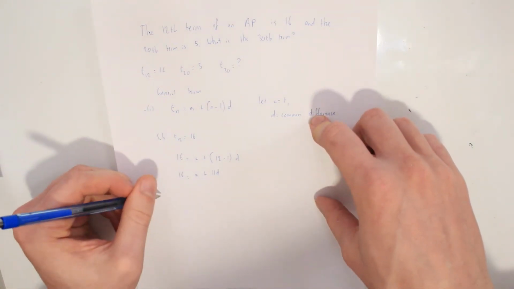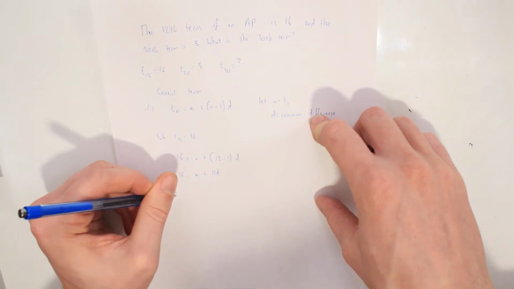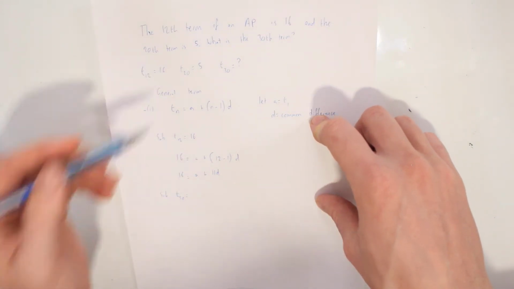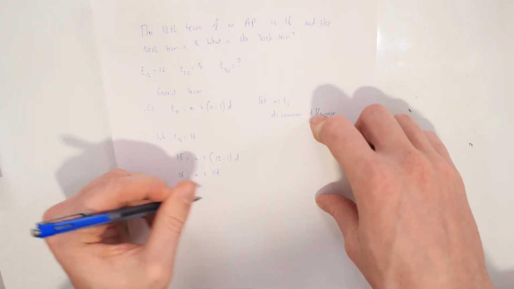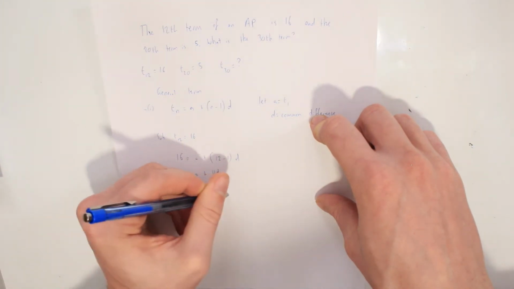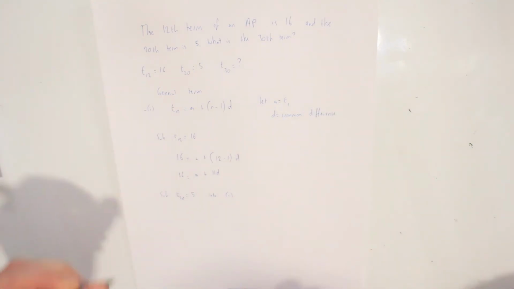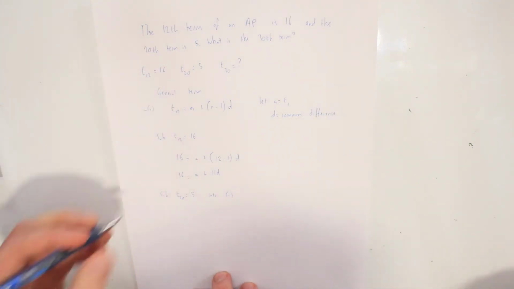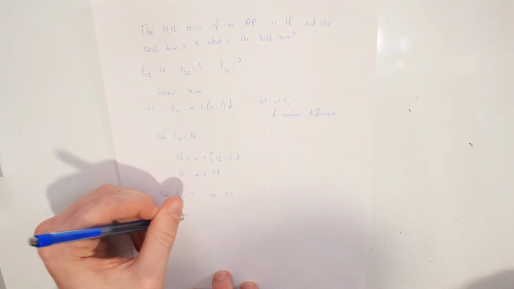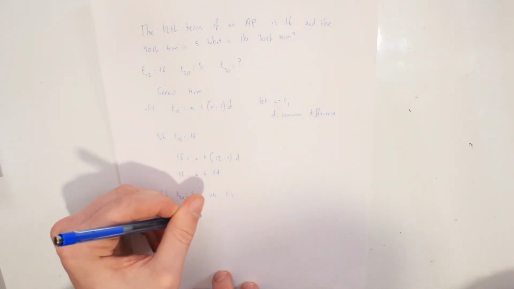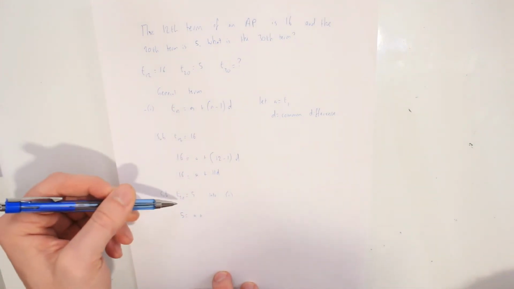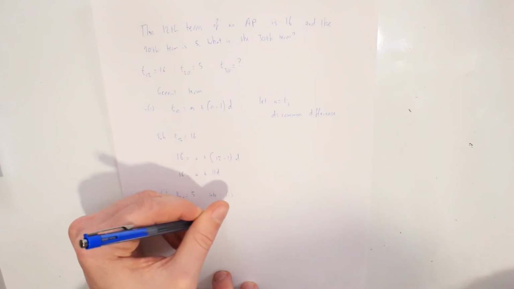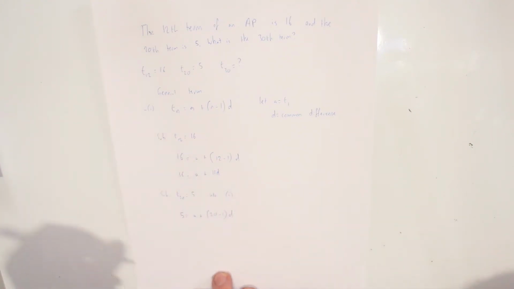Now let's sub T20, the 20th term, which we know up here to be 5, into equation 1. So what do we get for that? Well, T20 is 5, so we get 5 equals A plus n, in this case 20, 20 minus 1 all times d.